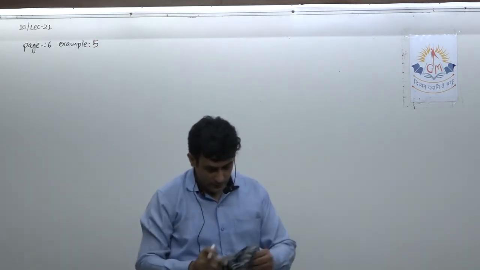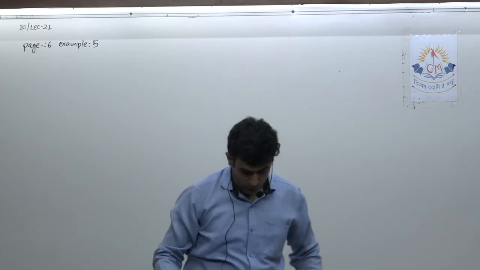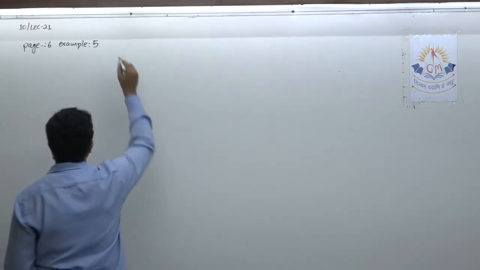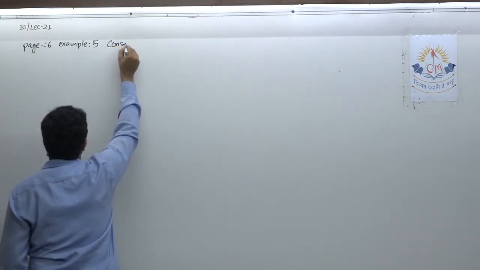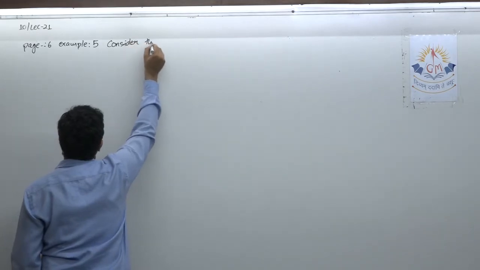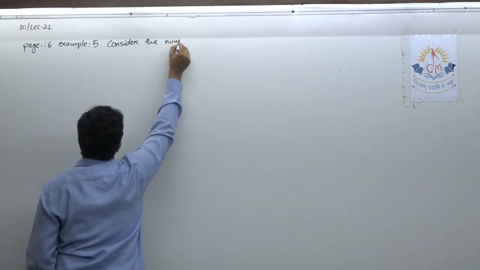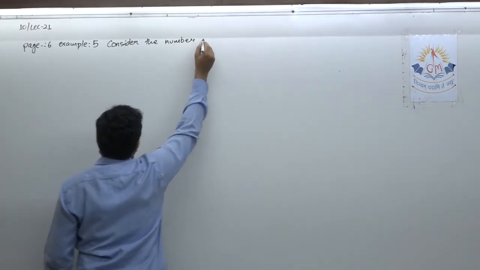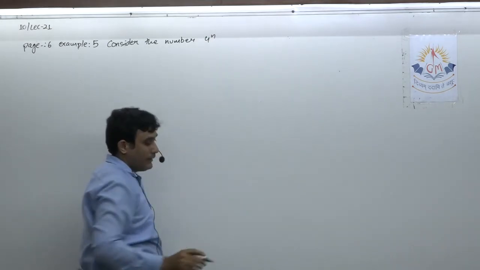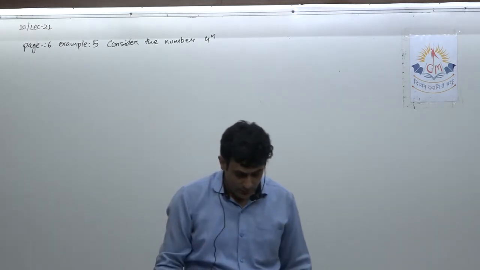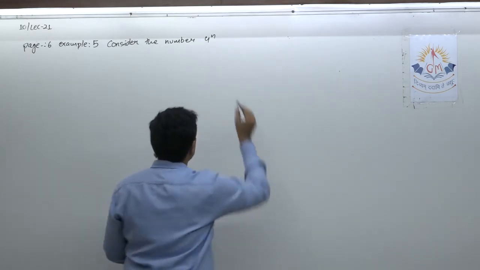Example number 5 says, consider the number 4 raised to n, where n is a natural number.